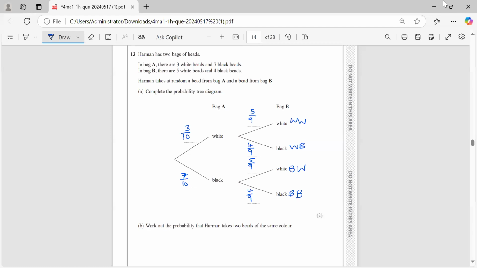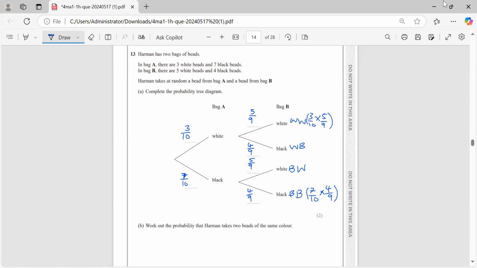So we're actually looking for the probability where he takes 2 beads of the same color. That means we're going to take white and white, which is 3 over 10, right, times 5 over 9, right? And we also take this one because it also shows that he picked 2 beads of the same color, black and black, right? So you take 7 over 10 multiplied by 4 over 9, right?